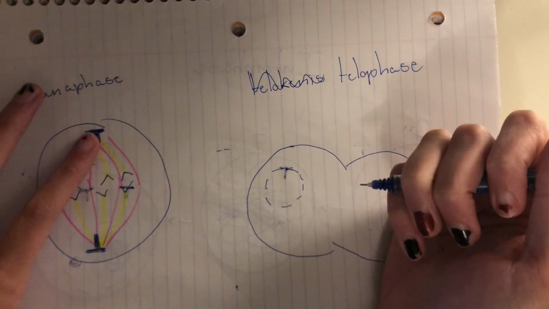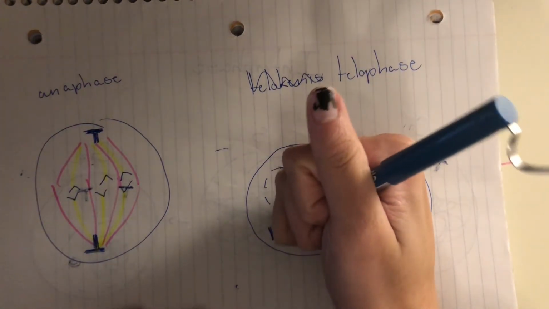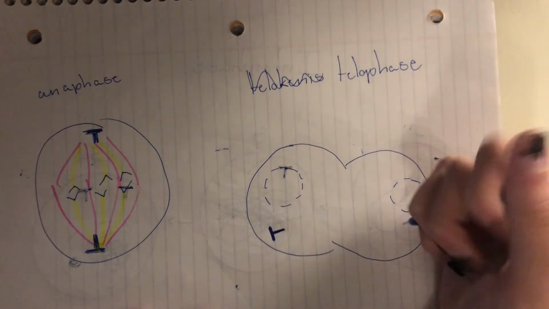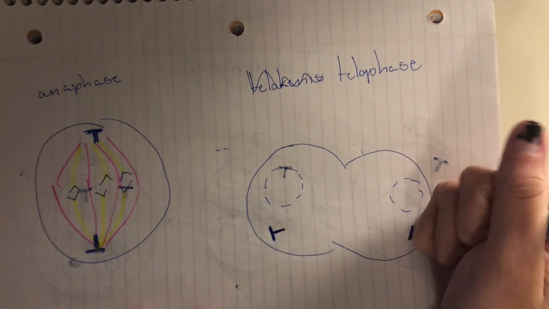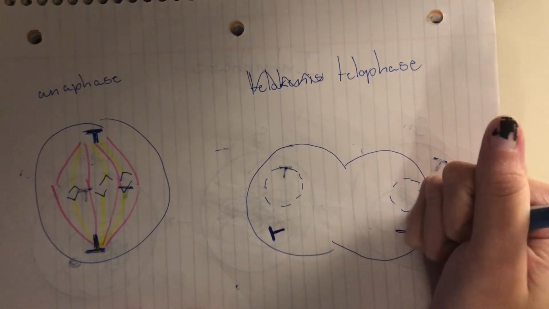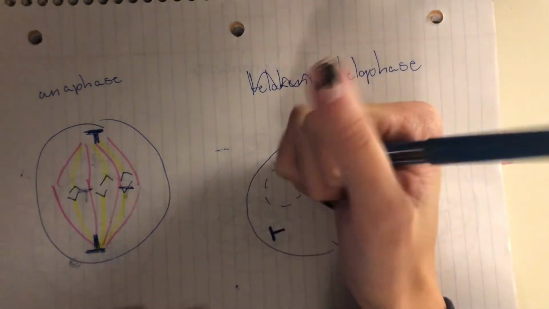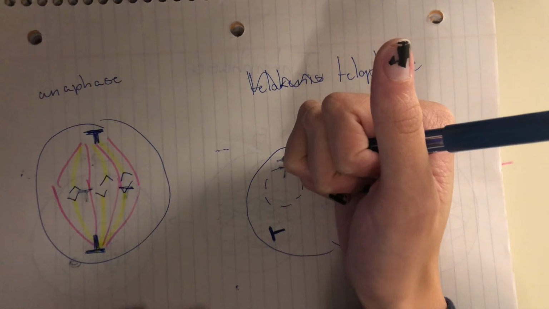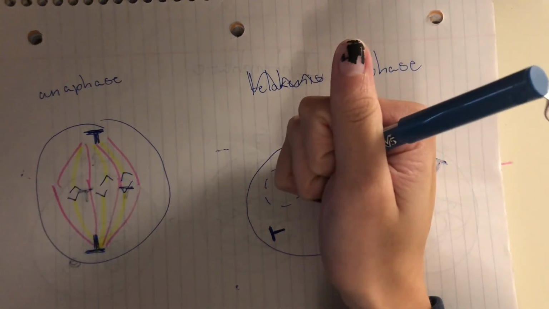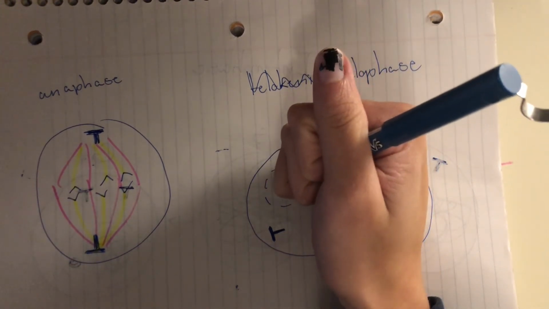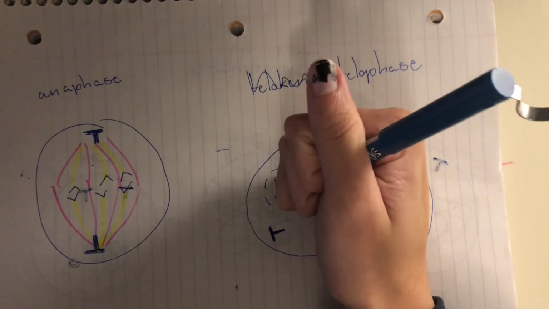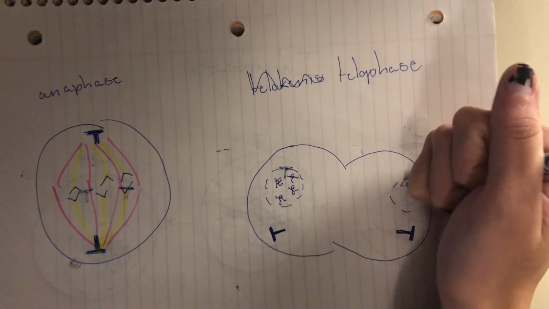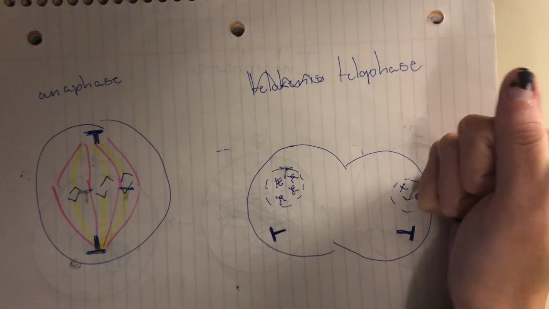And our centrosomes, all the microtubules have broken down, and they're at opposite poles of the cell. The corresponding DNA that they pulled apart begins to decondense and be enveloped in the two identical daughter nuclei that form.